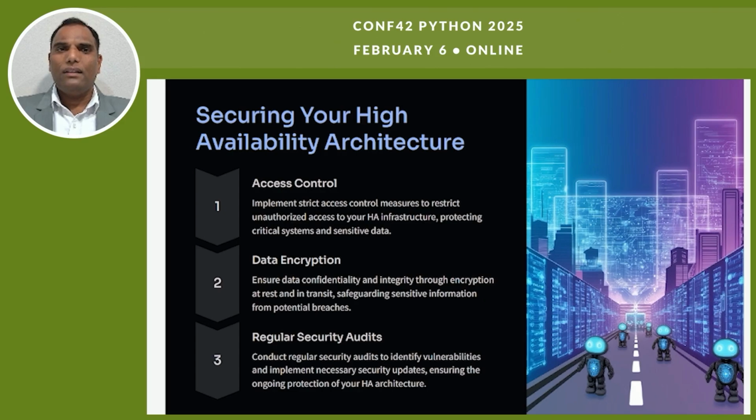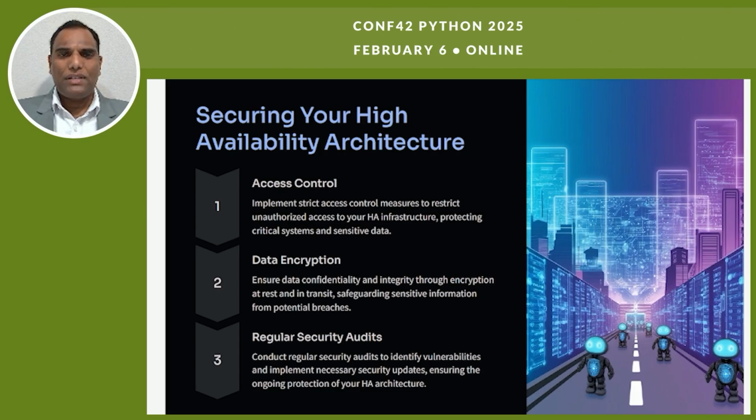Here are some of the most important recommendations on how to secure your high availability architecture. The first one is access control. Implement strict access control measures to restrict unauthorized access to your HA infrastructure, protecting critical systems and sensitive data. Next one is data encryption.